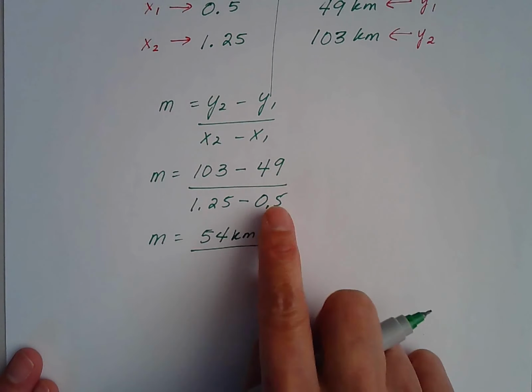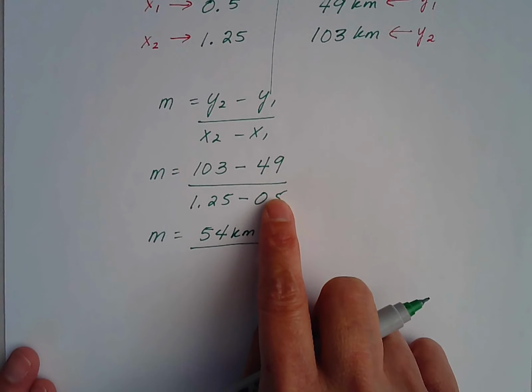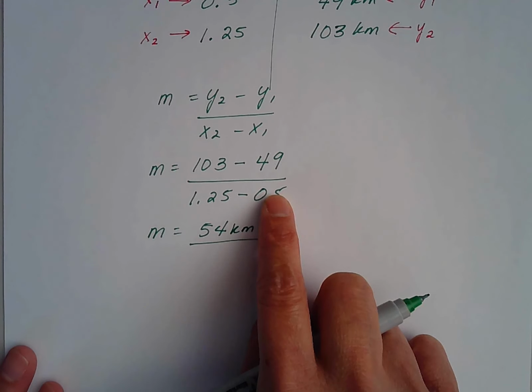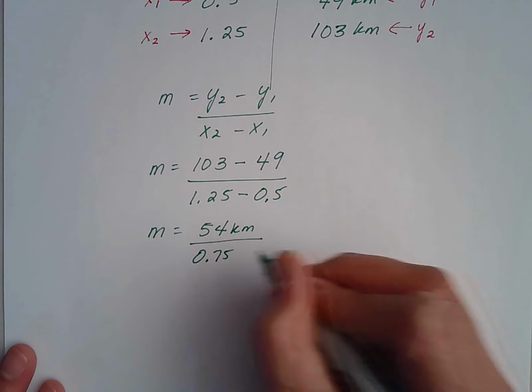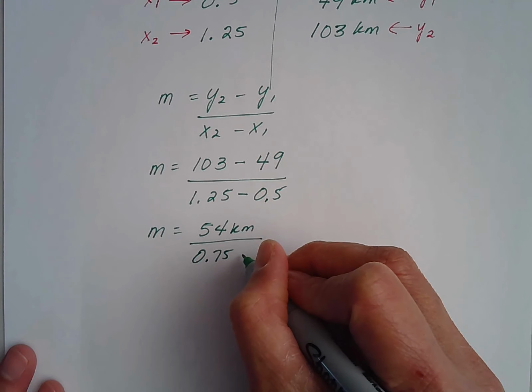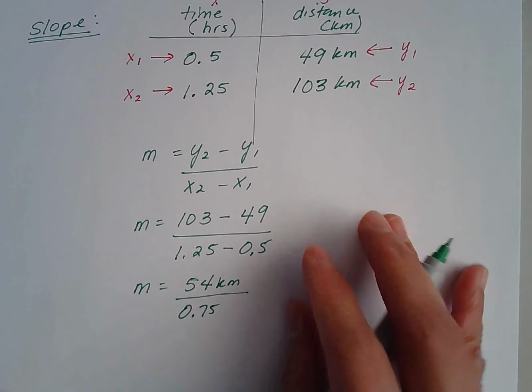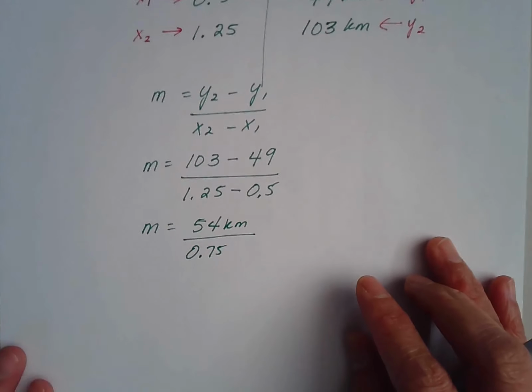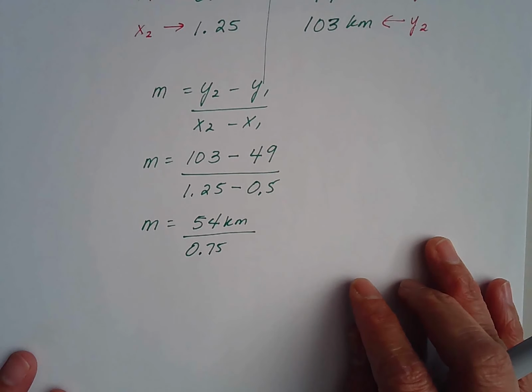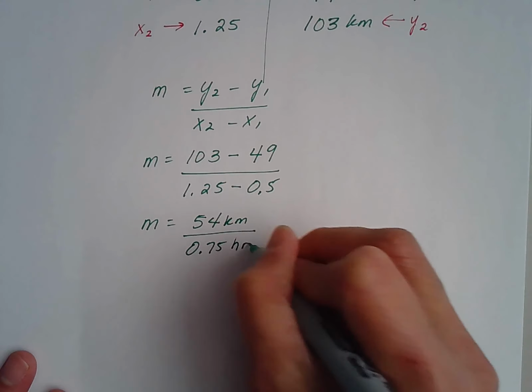And what would this be? Hours. 0.75? Yeah, 0.75. Hours. What did we start off? Minutes. Oh, hours. It's hours. Yeah, 0.5 hours. Half an hour, then.